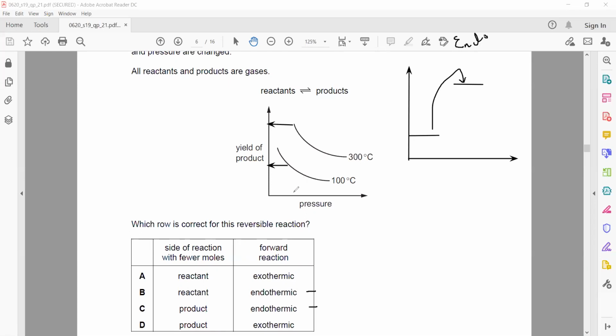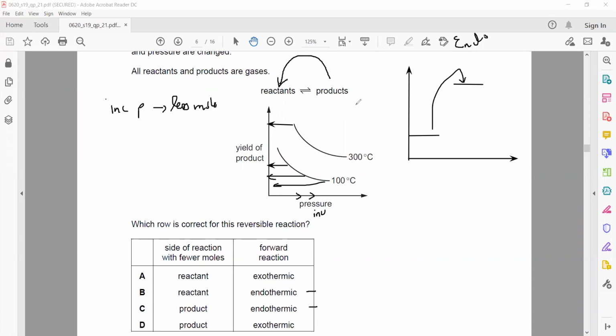Then what is the effect of pressure? On the x-axis you have pressure. As you increase the pressure, what happens to the amount of product? Is it increasing or decreasing? Decreasing. So lower pressure, more product. If you increase the pressure, equilibrium always shifts towards the side where the number of moles is less. Since the amount of product is decreasing, when we increase the pressure, equilibrium is shifted towards the left-hand side.